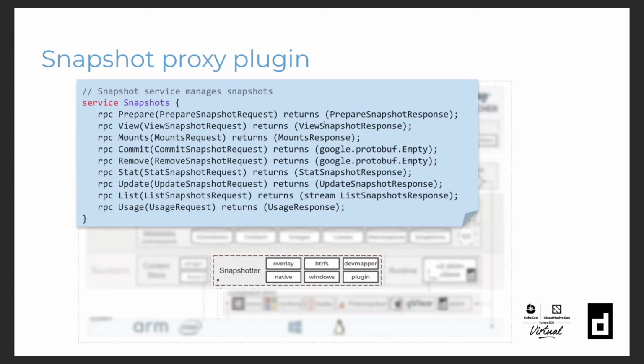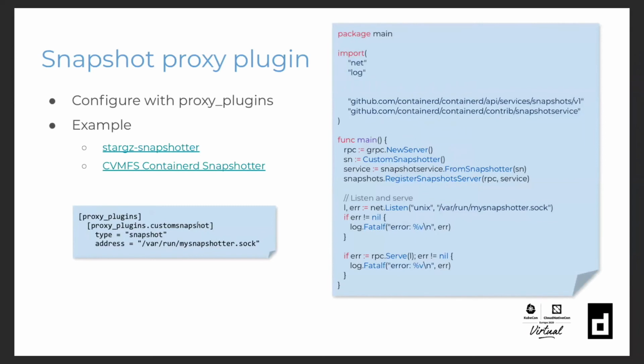Like an internal snapshot plugin, the external plugin has to implement those API services so that Kubernetes knows how to communicate with your own server. Like a streaming processor, you just need to add some configuration to tell Kubernetes how to connect to your server. That's very simple.